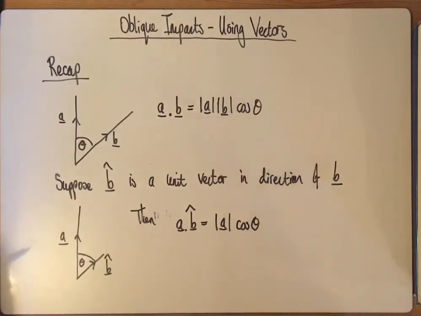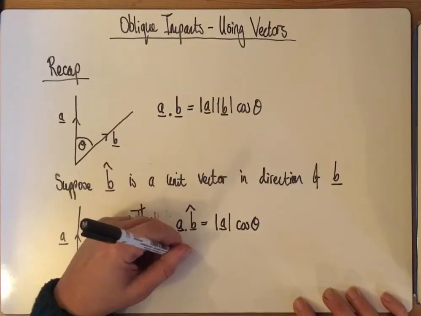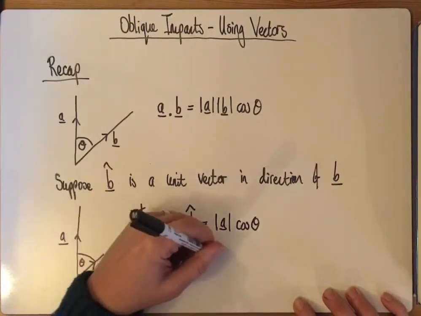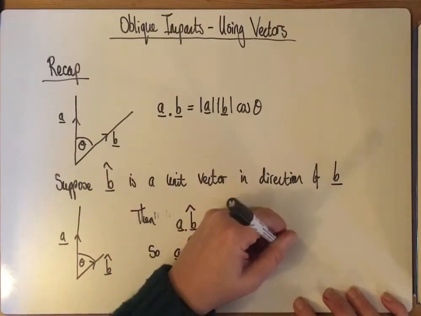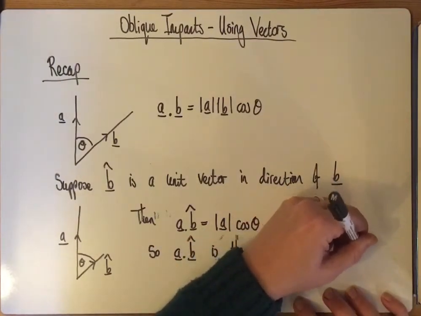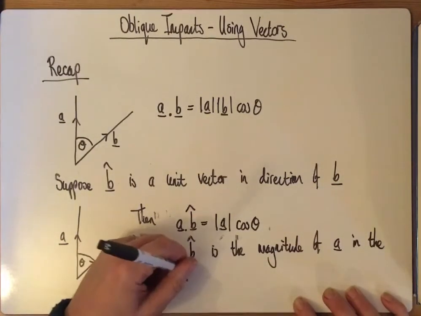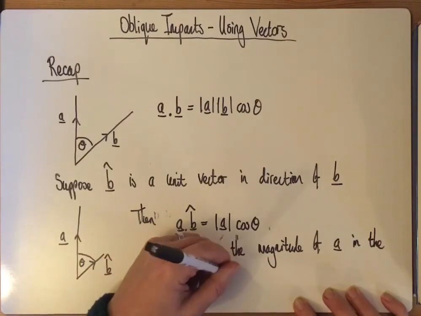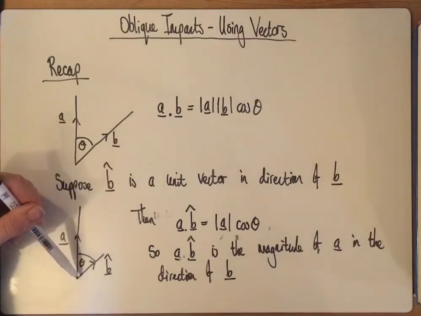So you can then apply this into questions. So A dotted with B is the magnitude of A in the direction of B. So in a sense, if you want to break this into components, then that will give you the magnitude in this direction.